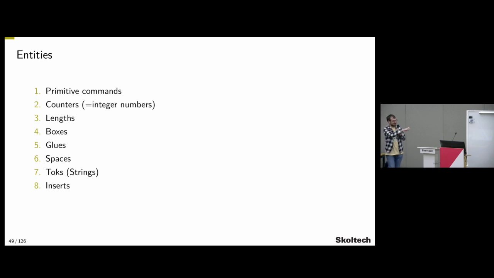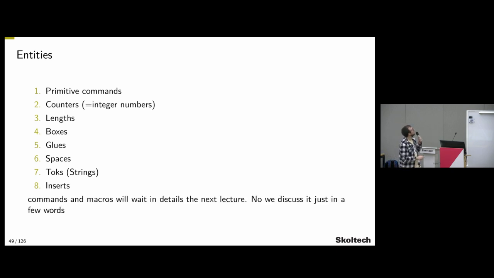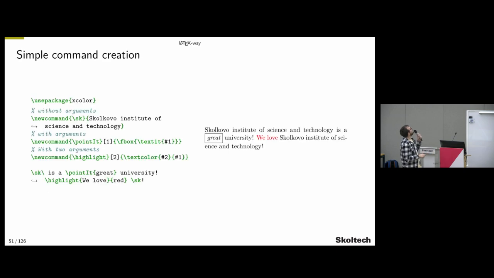These letters will be there just for you to stay focused, and we'll look at some of them. First, commands. We will focus on commands in the next lecture. So for now, it's just a first look at them so that you are not afraid of them later.